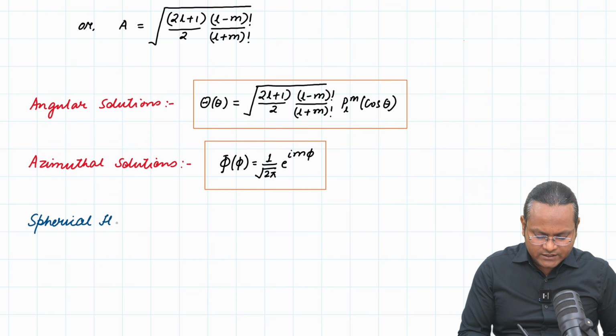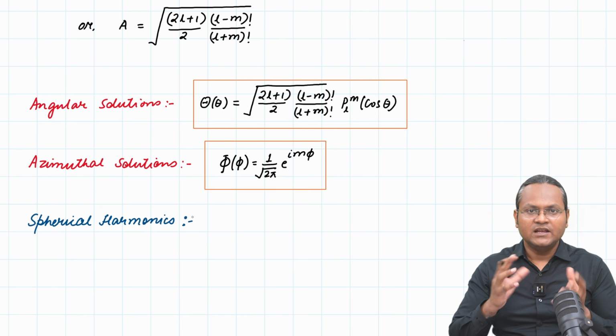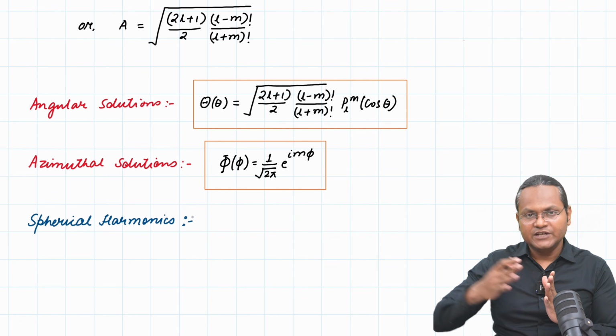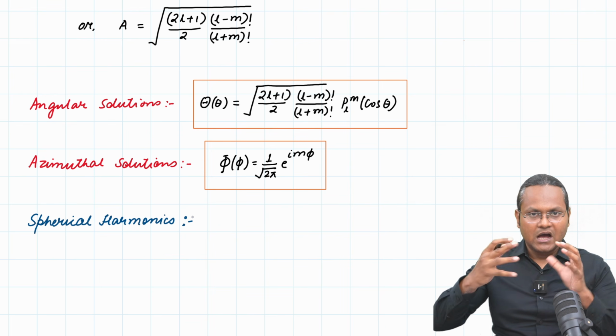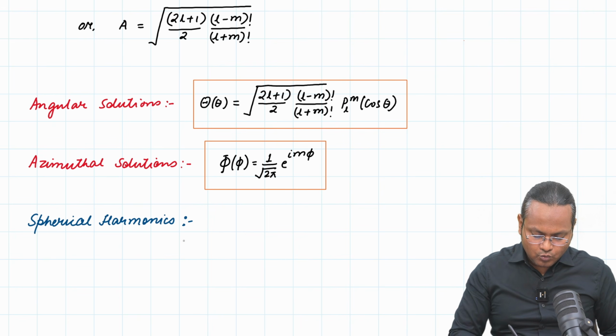The spherical harmonics are very important because they tell us how the wave function varies with respect to theta or phi when you change the orientation. The radial part only tells us about the variation of the wave function with respect to distance. Spherical harmonics tell us how the wave function varies with respect to theta or phi. So therefore, Y_l^m.